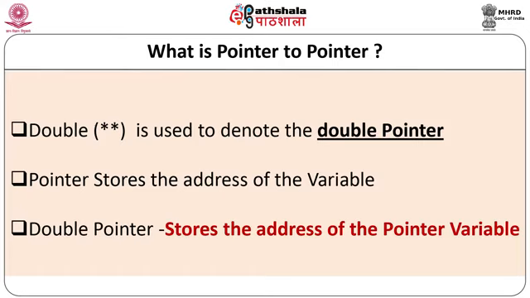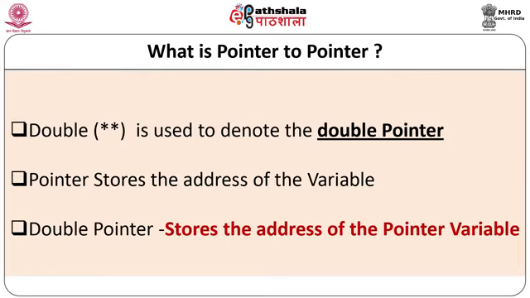The pointers are shown by a single asterisk symbol or star symbol before the variable name, like *P means P is a pointer, and a double asterisk symbol is used for a double pointer, that is pointer to pointer.